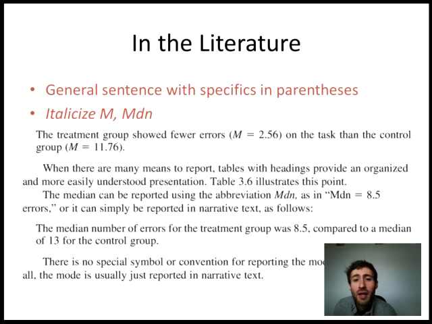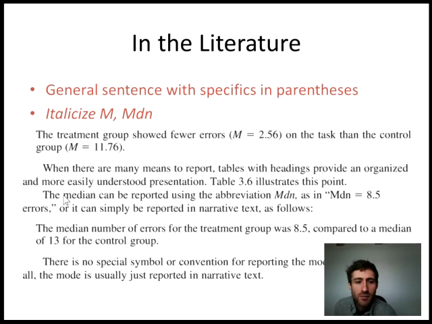When you say higher, after that you put in parentheses mean, letter M in italics, equals whatever the mean is, and then after you say than women, you can put in parentheses mean equals whatever their mean score was.